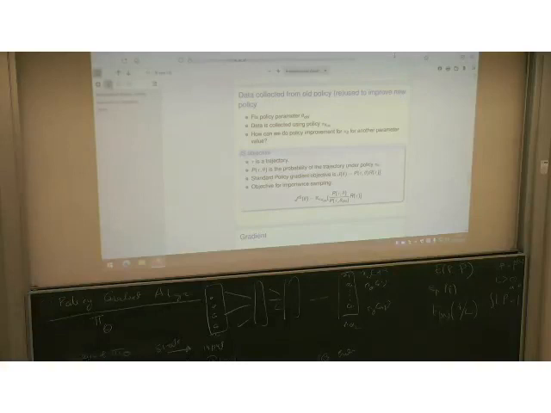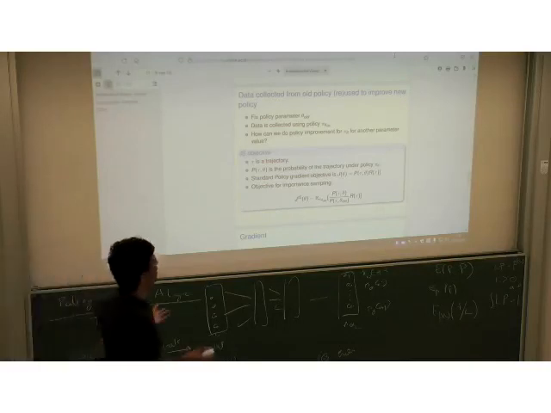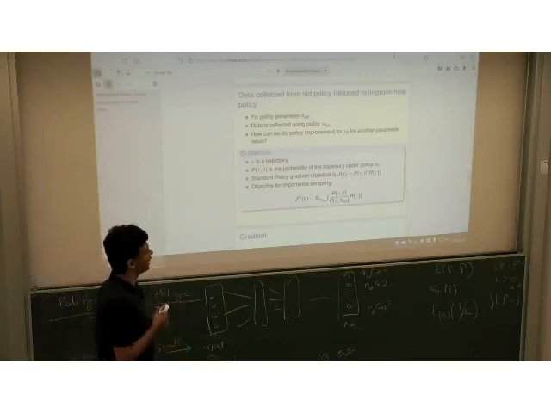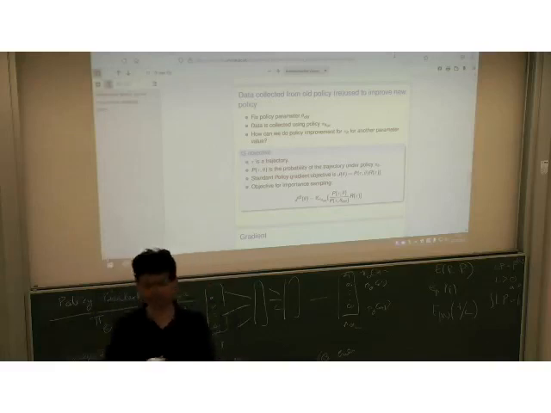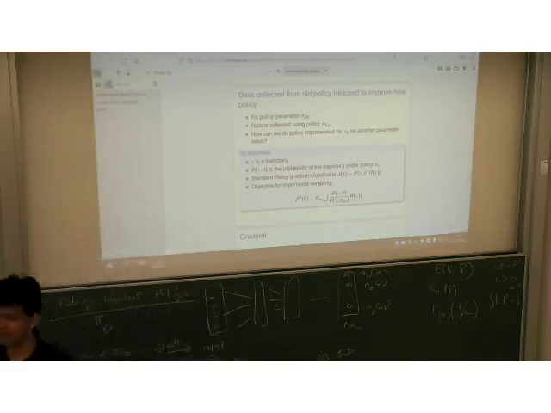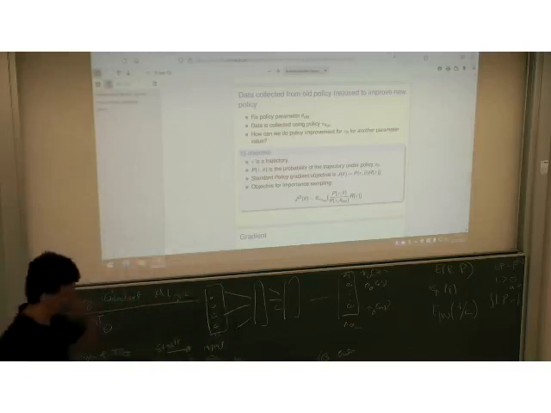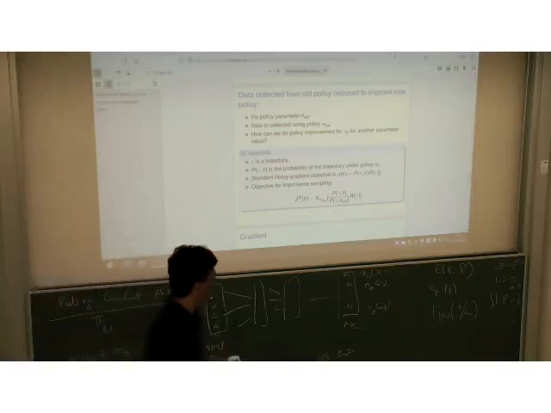That should get rid of this. That is a way out: now I can sample from the old policy and try to predict information about the new policy. Okay, so this is the main idea.